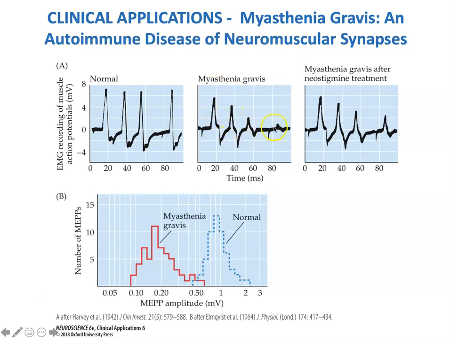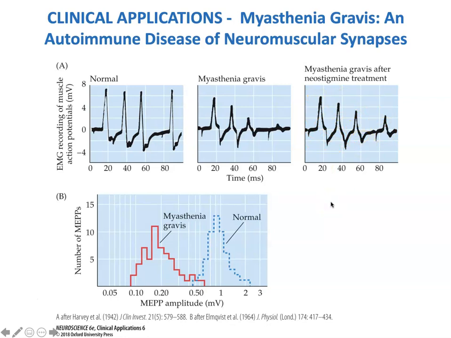They're not as consistent with each activation, and so you get reduced activation over time. If you treat with an organophosphate or an acetylcholinesterase inhibitor, you are able to rescue a little bit of the postsynaptic response.